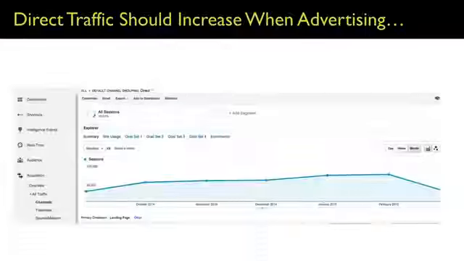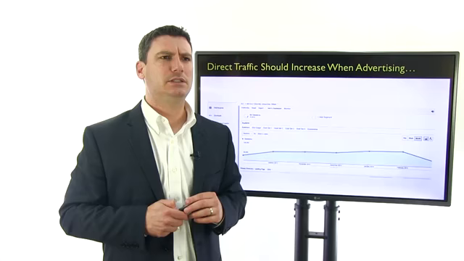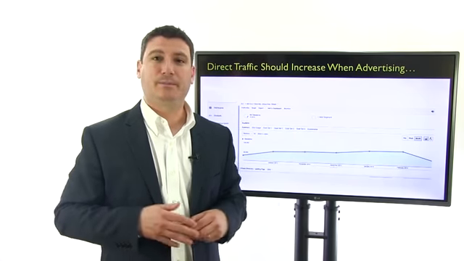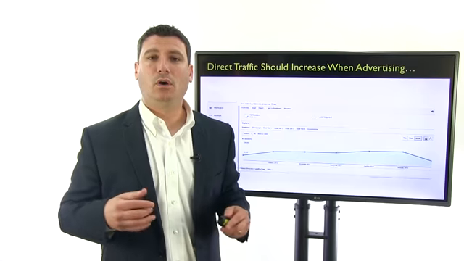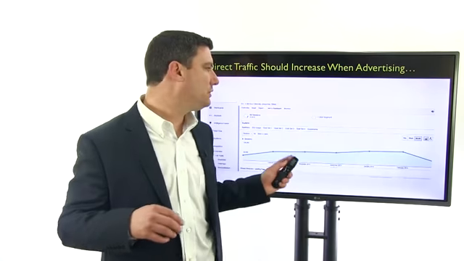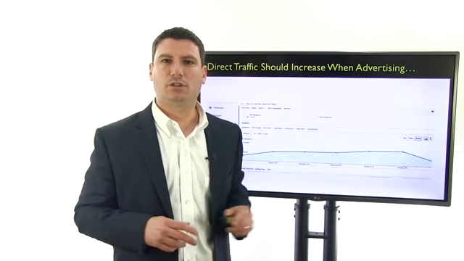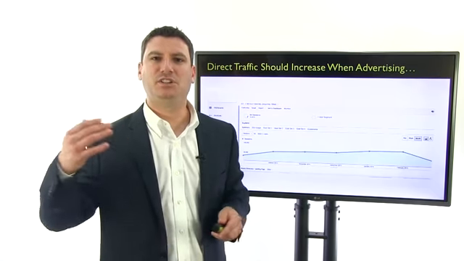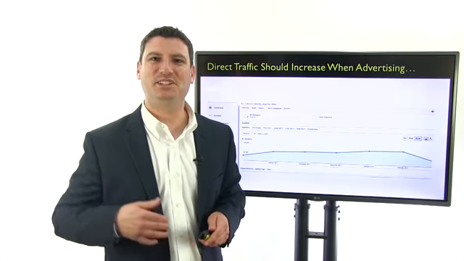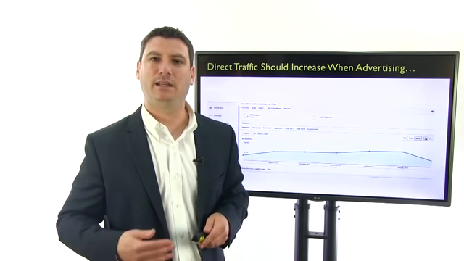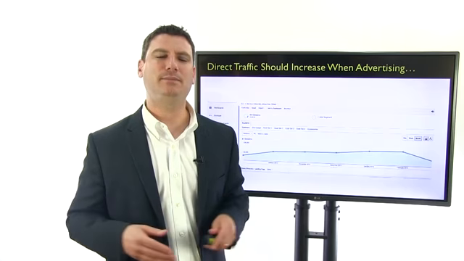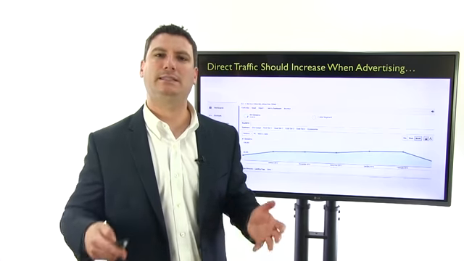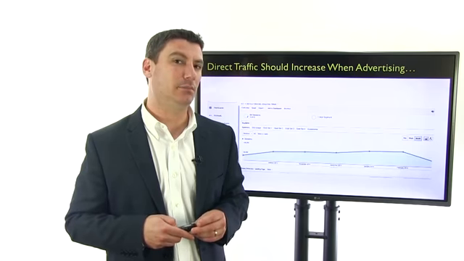This type of traffic increases when advertising. So if you spend thousands and thousands of dollars on television ads, you should see your direct traffic go up. As you continue to get on people's television screens and mention your brand and your website, you're going to see direct traffic increase. And the same thing happens when you're running a solid social media and content marketing campaign.